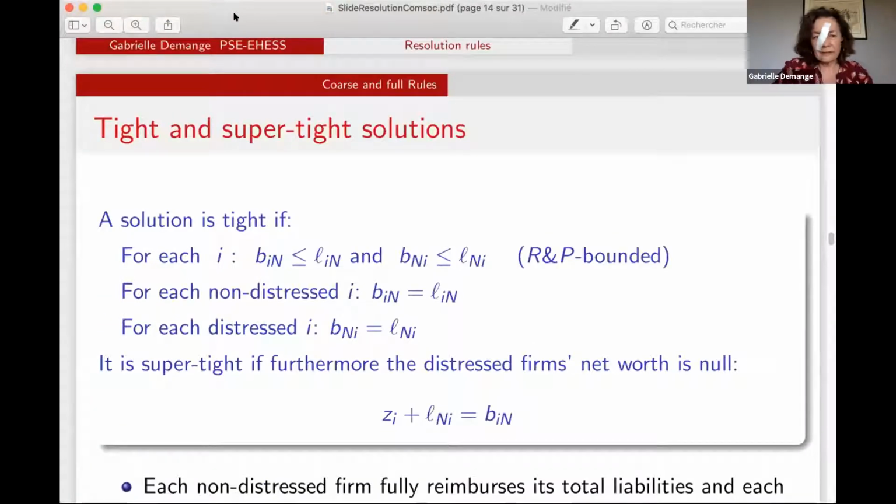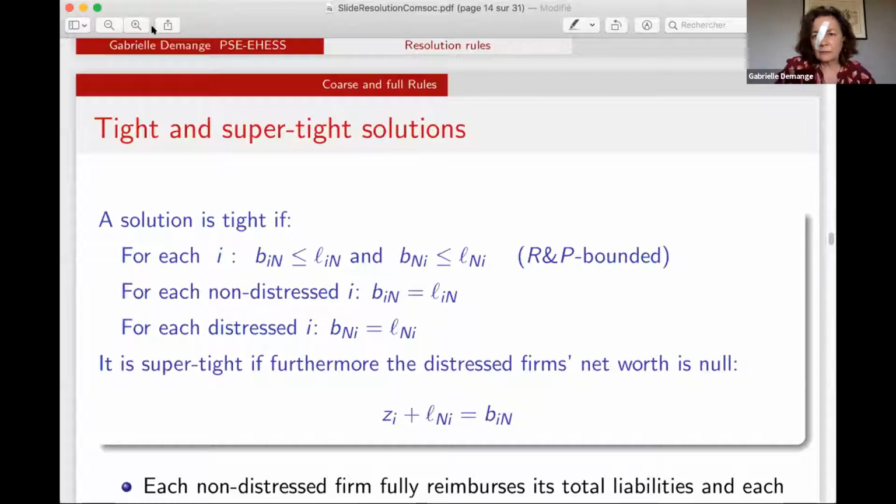The last definition, and actually it's a point I would like to investigate more after, is on what I call tight solutions. They are bounded in the sense that you bound the reimbursement and repayment by the corresponding liability. And you force each non-distressed i to reimburse fully its liability, and you force each distressed i to be reimbursed fully.